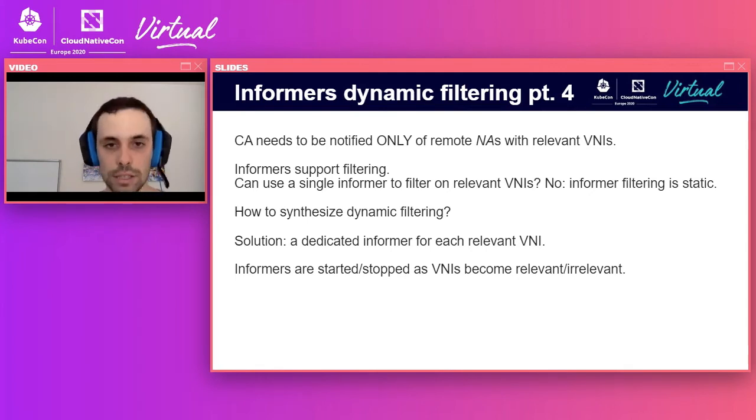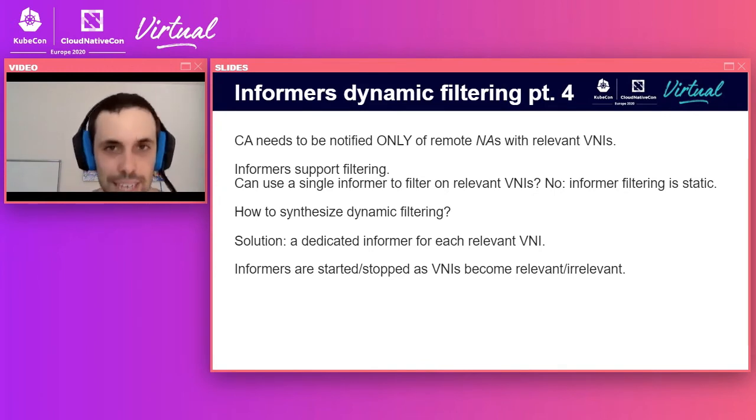And so our question was, how can we synthesize dynamic filtering out of informers with static filtering? And the solution that we found was to have a dedicated informer for each relevant VNI. So if on a node there are P relevant VNIs, the connection agent on that node will have, besides an informer on local network attachments, one informer for each relevant VNI that specifically filters in on that specific VNI.